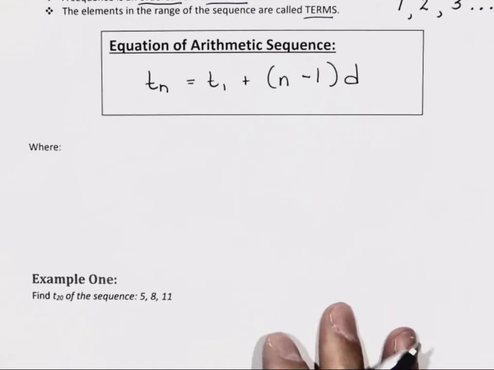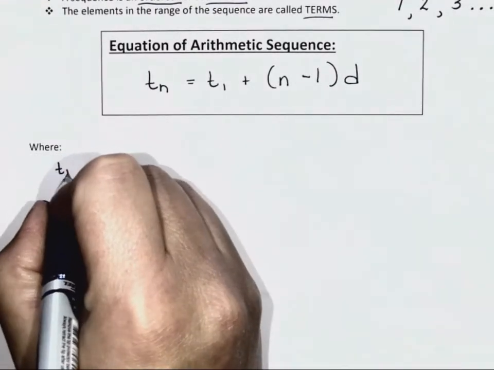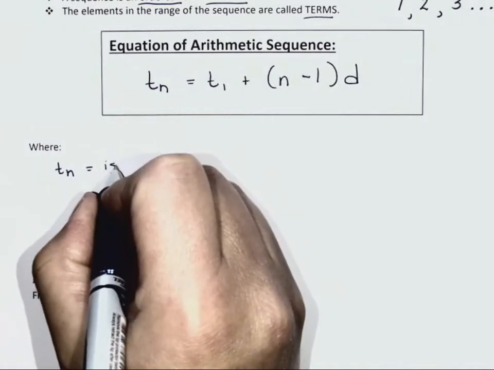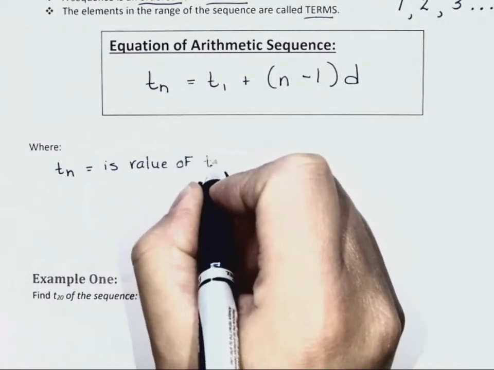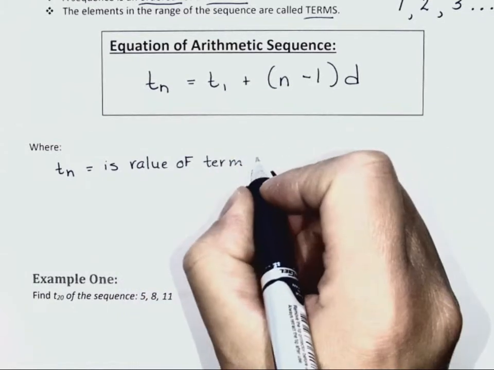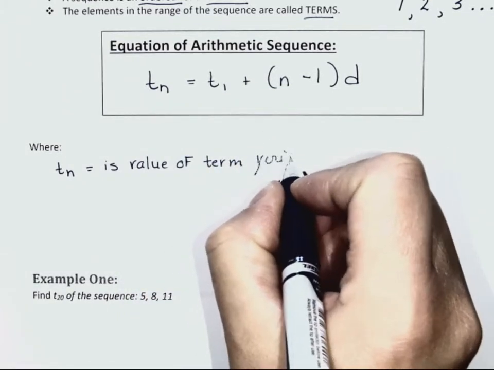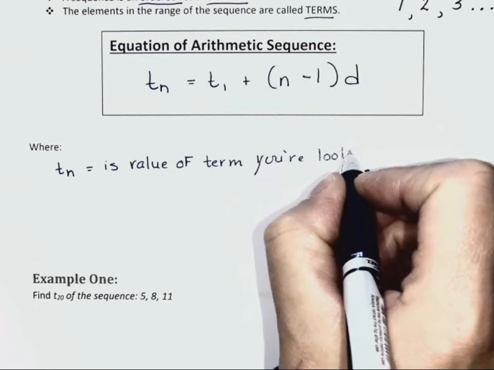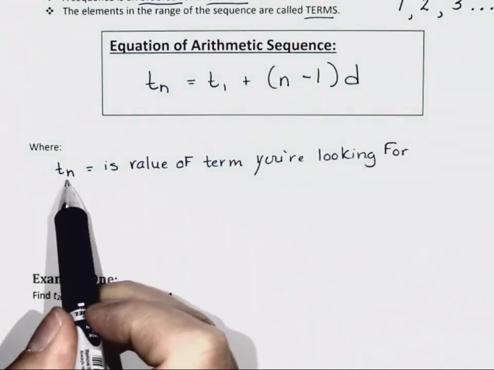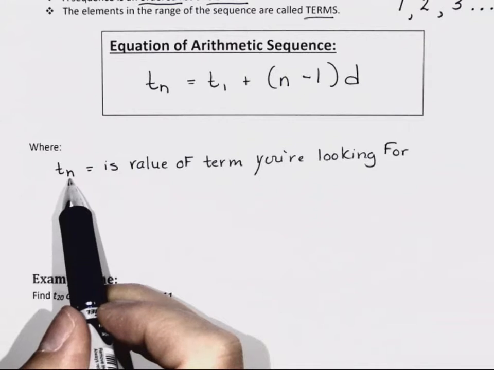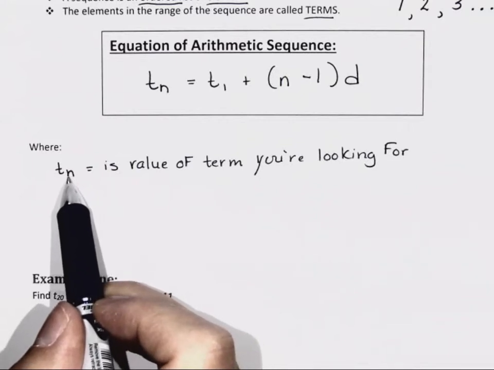Okay, so let's go through all the terms. So Tn is the value of the term you're looking for. So like if I was looking for the 10th value, we'd substitute 10 in here for the n.